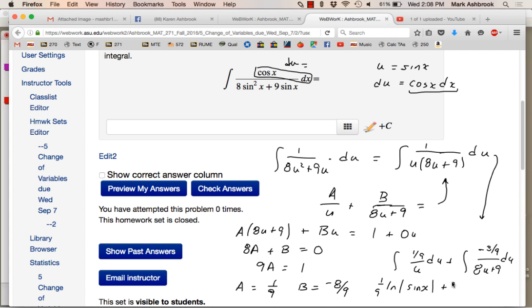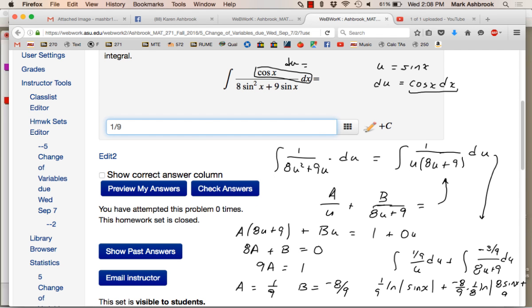This is minus 8/9 times 1/8 times natural log of 8 sine x plus 9. I'll write it up here. I'm going to put it in the box. How about that? So we're ready to put the answer in.